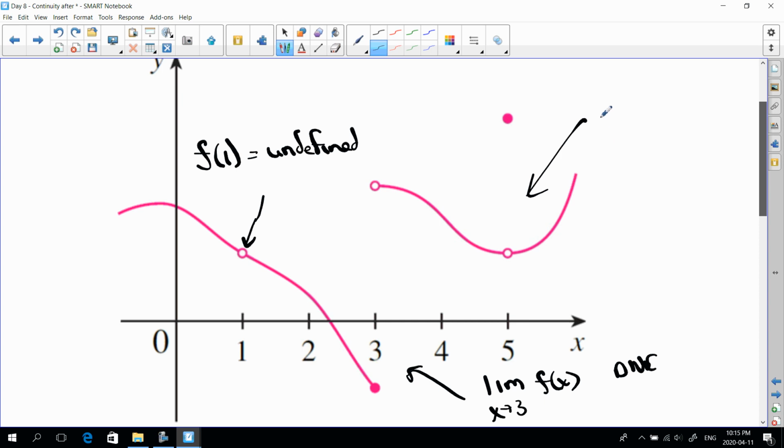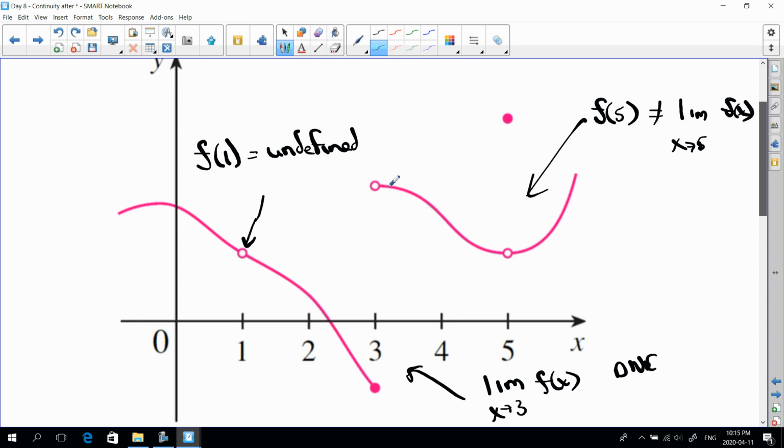All right, it's discontinuous at x equals 5, but for a different reason. That is, the defined height of the function, this height right here, does not equal the limit as x approaches 5 of f of x.